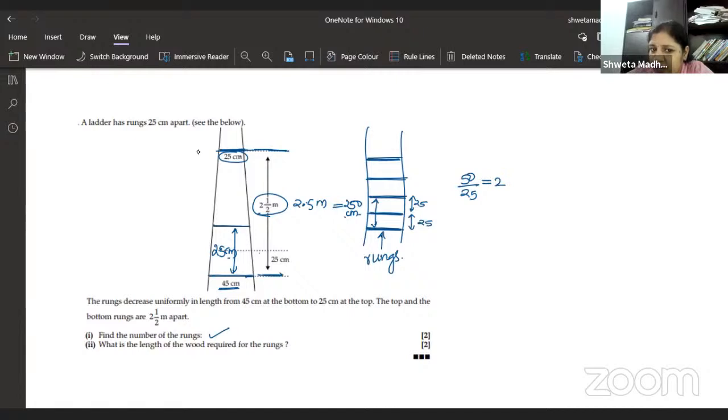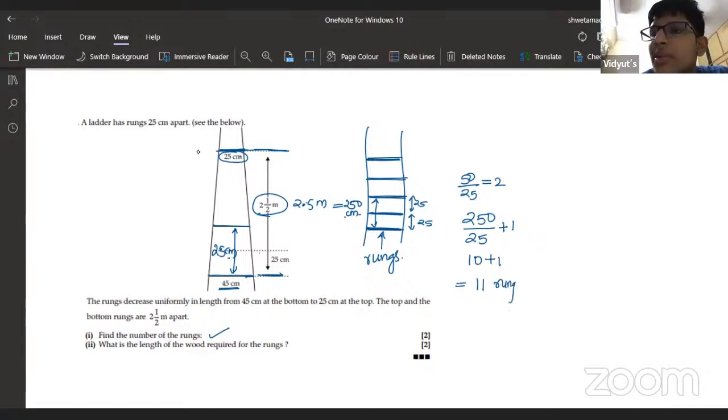So how many rungs are there? 3 rungs, no? Okay. So there will be 11 rungs. You are doing total distance divided by distance between two, and you are adding 1. So 10 plus 1, it will become 11 rungs.